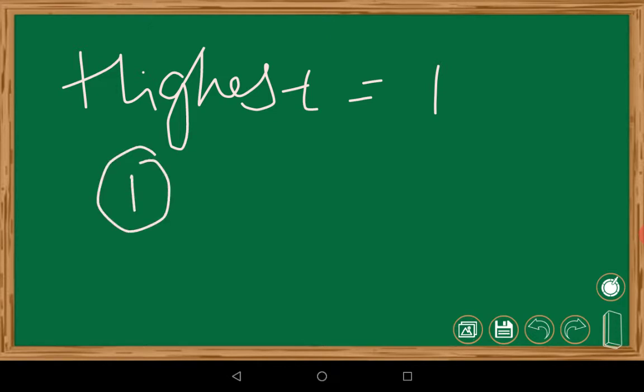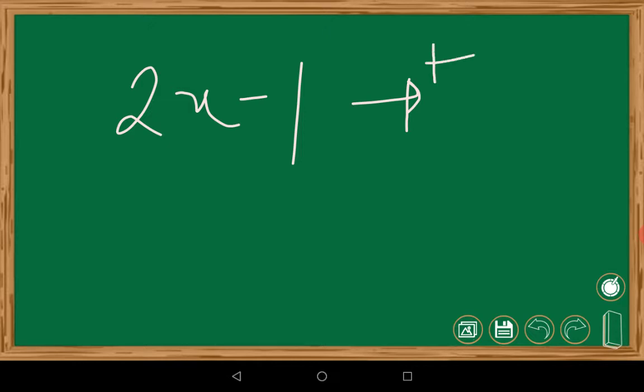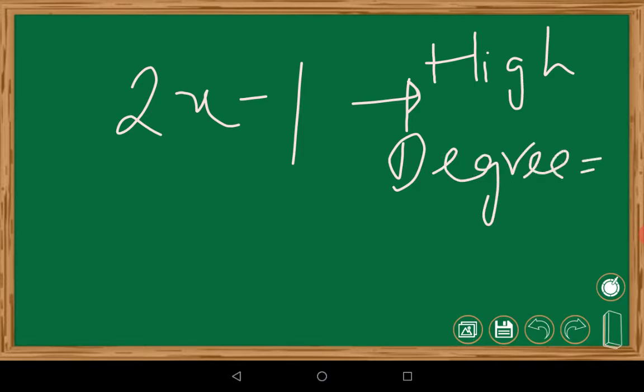Which equation would be a linear equation? First, 2x minus 1. Is it a linear equation? It has to satisfy two rules. First, the highest degree is 1, and the second rule is it should have only one variable.